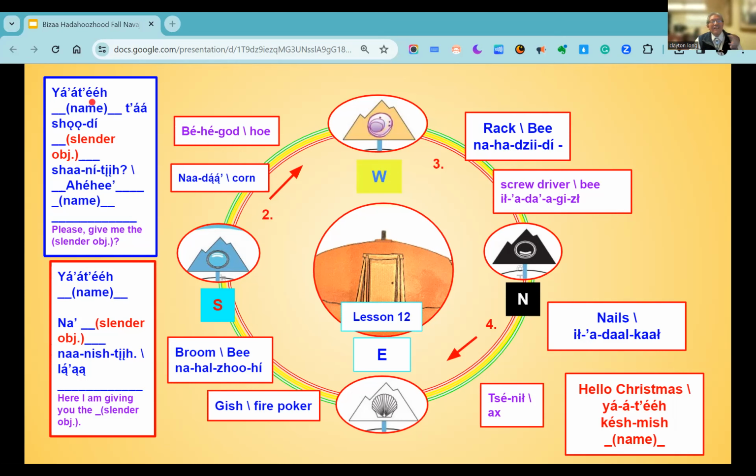So here we say Shaanítįįh, and whoever we're talking about, Shaanítįįh Jada. Ashwande. Whoa, this is a powerful word. Ashwande. Please, right? Please. Ashwande. And here are all the different things we can ask for. It's like going into a store. We can say Ashwande gish, meaning the fire poker.